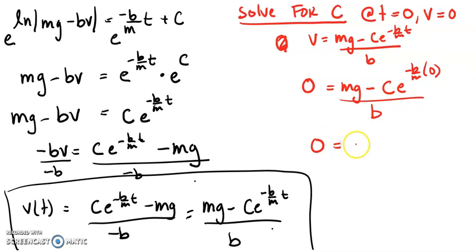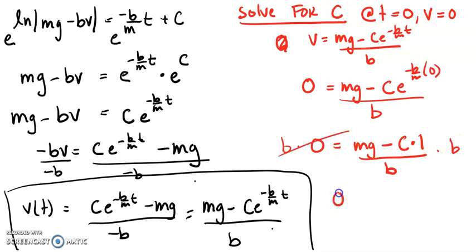So 0 equals mg minus e to the 0, which is just 1. So this is just c times 1 over b. Okay, I can multiply both sides by b. b says toodaloo, and multiplied by 0. So then we just have c equals mg. Cool. We just solved for c.